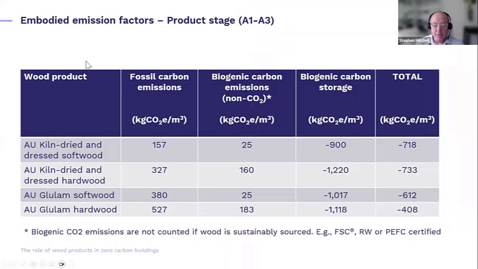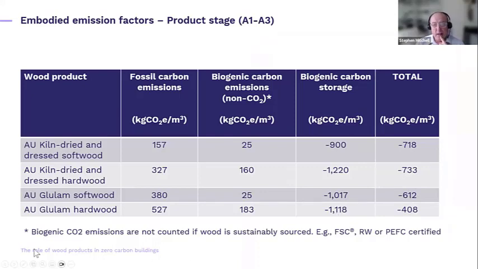So this is a grab from our WoodSolutions carbon guide, which includes the fossil carbon emissions for dressed softwood, kiln-dried and dressed hardwood, Australian softwood and hardwood glulam, the biogenic emissions, the amount of carbon stored in the wood, and then the totals there.